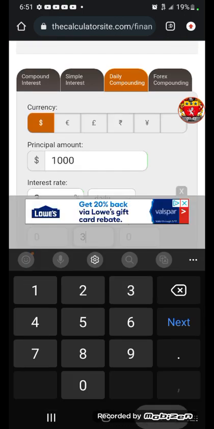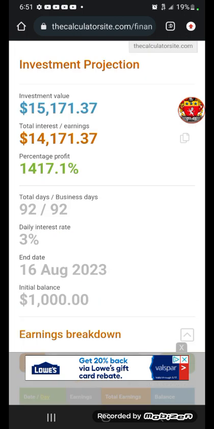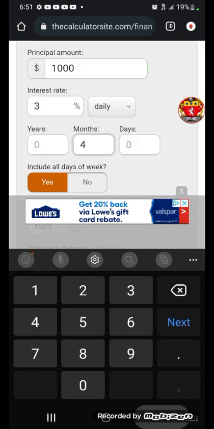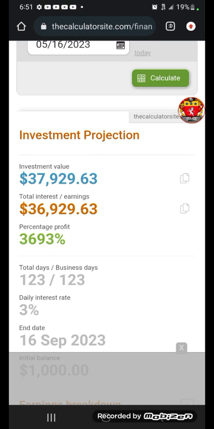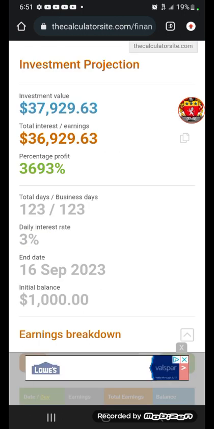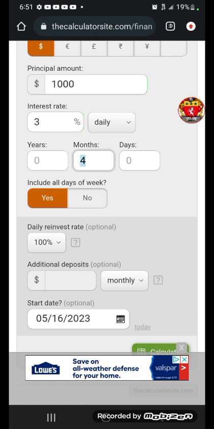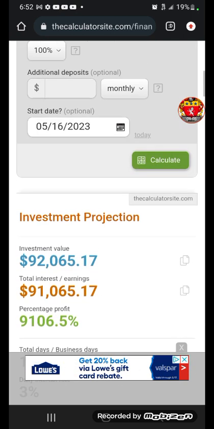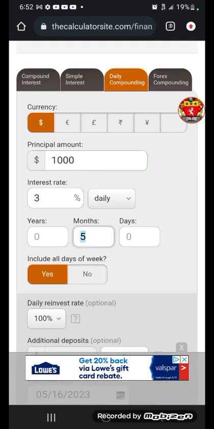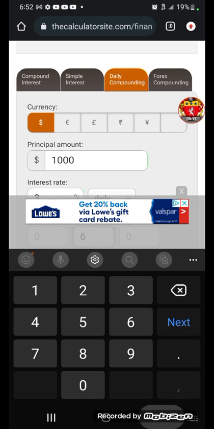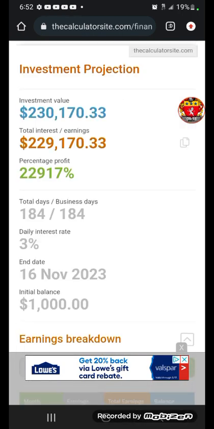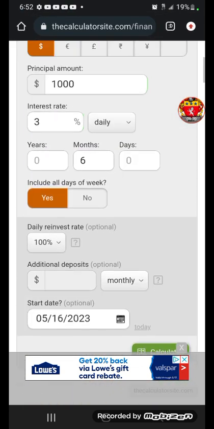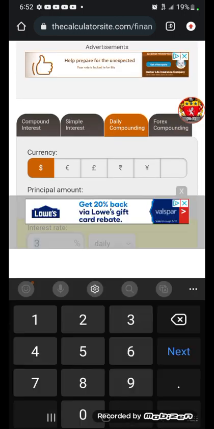And after 3 months, that brings us to $15,000. And after 4 months, that brings us to $36,000. And after 5 months, that brings us to $91,000. And after 6 months, that brings us to $229,000.